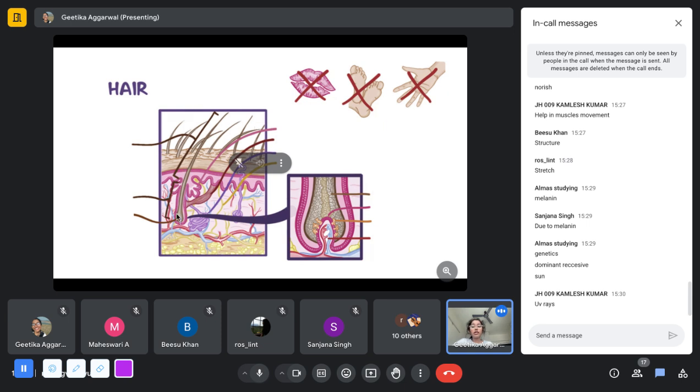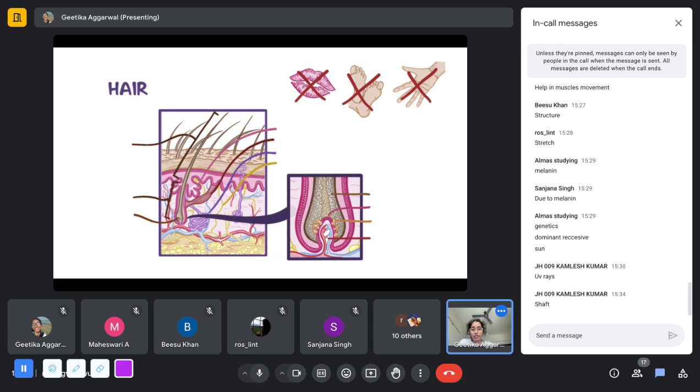This one, as we've discussed earlier, I think most of you will be aware of. What is this called? We just discussed this in the previous diagram as well. What is this part of the hair called? It's the shaft. And then we move on to the lower part of the hair.